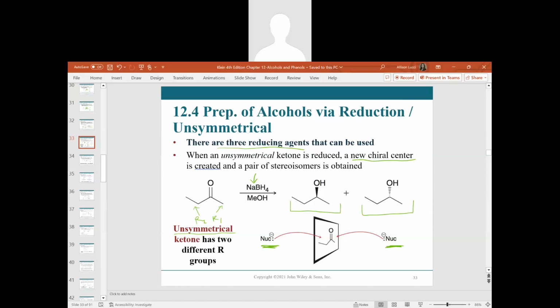The rationale is because that nucleophile could attack from either surface, either side of the plane that the carbonyl is in. So make sure that you note that when you're looking at reducing an asymmetric or unsymmetrical ketone, we're going to see 2 different possible products result.